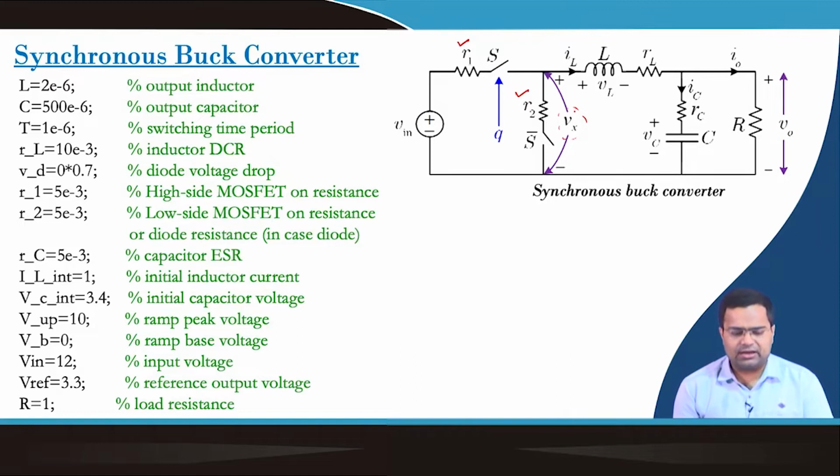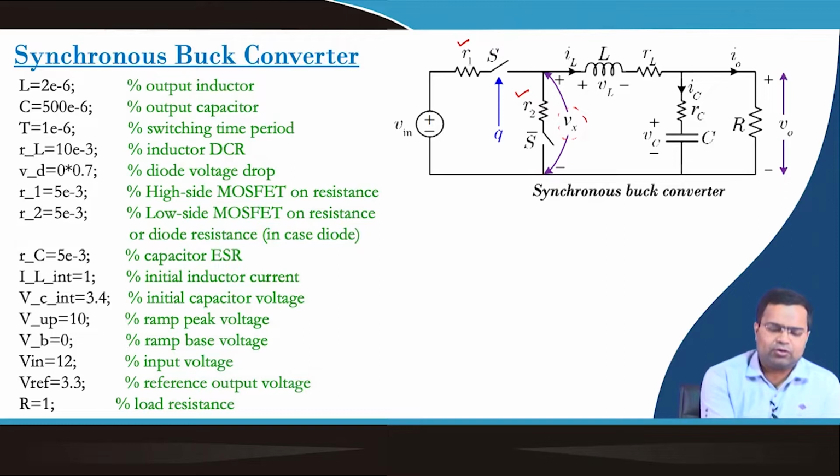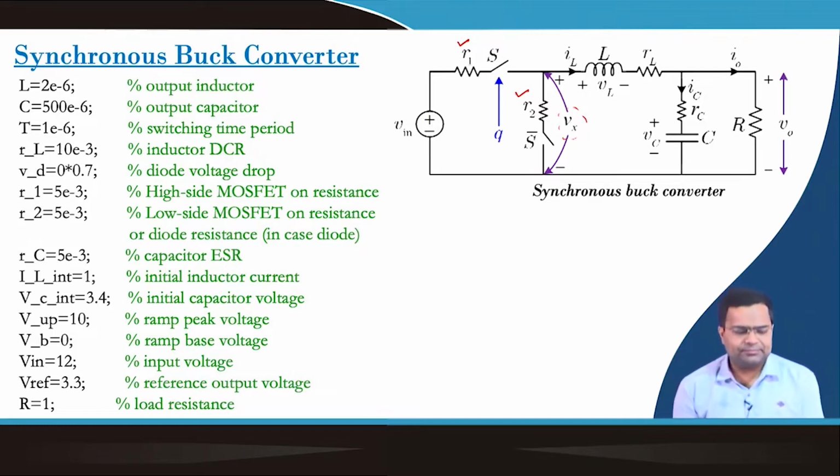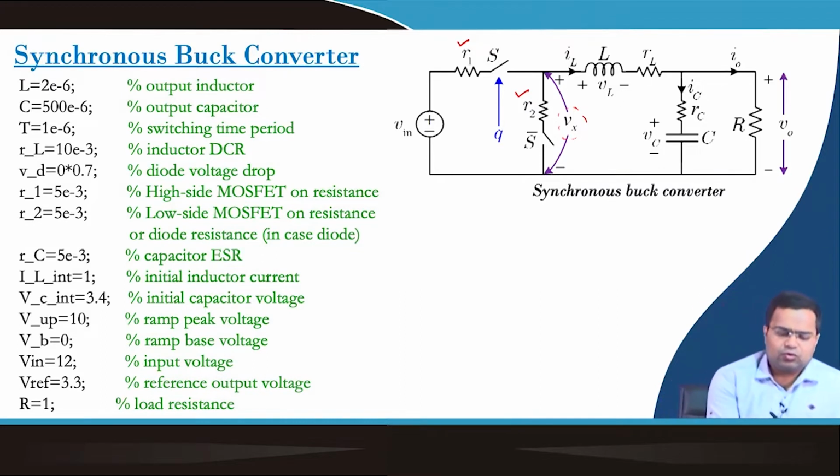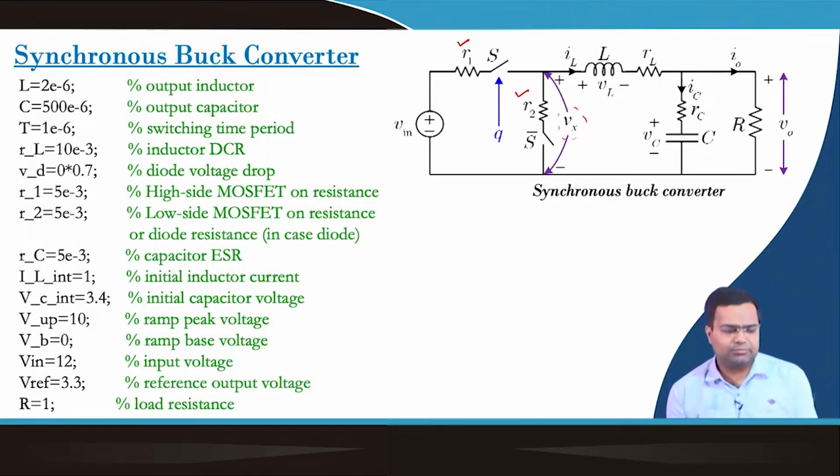So, before I start, I am going to show a few simulation case studies in which I set the parameters like L equal to 2 microhenry, C equal to 500 microfarad, T equal to 1 microsecond. Although this L I have taken quite large because we are operating at 1 megahertz switching frequency, this is just to show a case study.